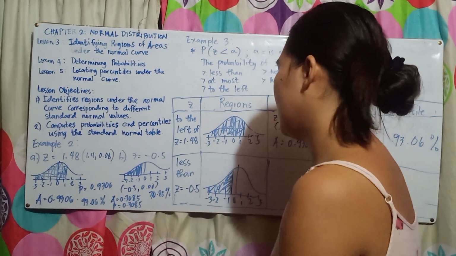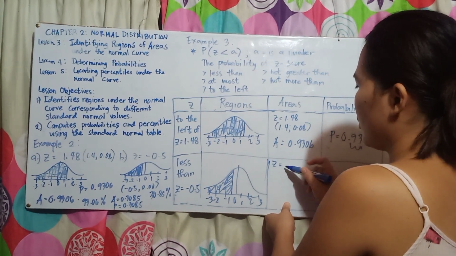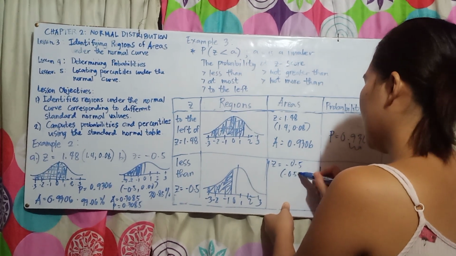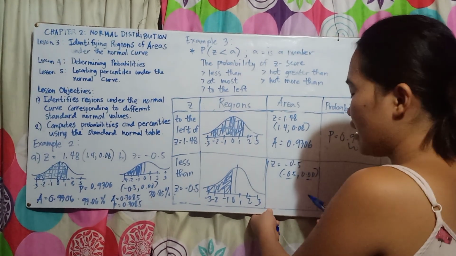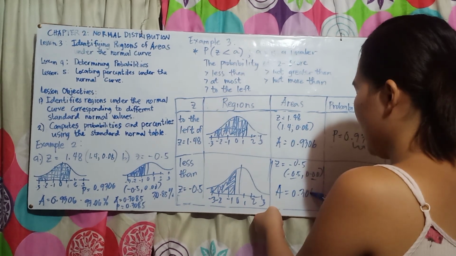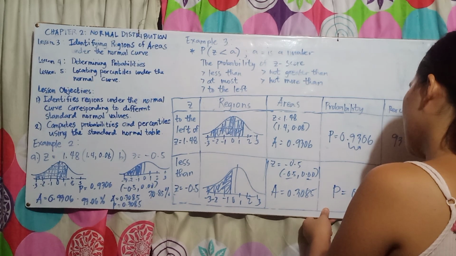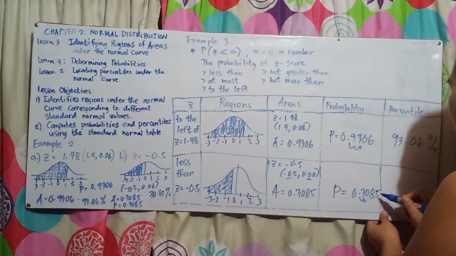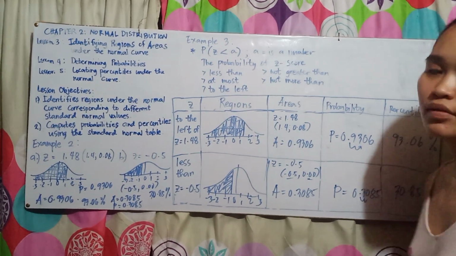The area, since the given is less than negative 0.5, split into 0.00, and we find it in the table. The area is 0.3085, the probability is the same, 0.3085. Percentile, move 2 decimal places, 30.85%.